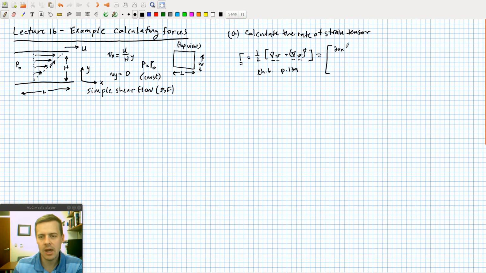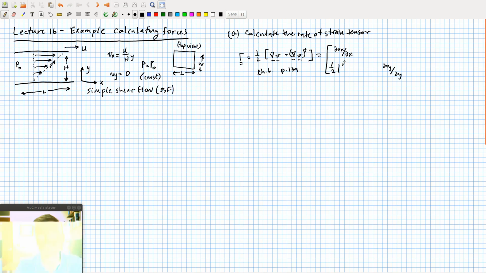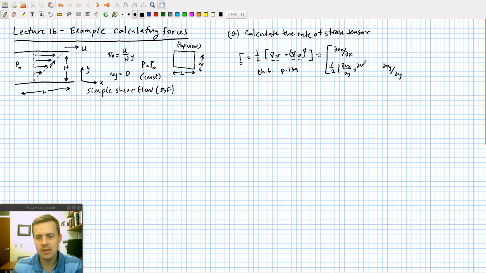It's dvx dx in this corner, and down in this corner I'm going to have dvy dy, and then the off diagonals I'm going to have 1/2 dvx dy plus dvy dx. And that's going to be the same in both of those off-diagonals, dvy dx plus dvx dy. Notice that the order of that sum doesn't matter. In the book it's written like this or backwards, but either way it doesn't matter.